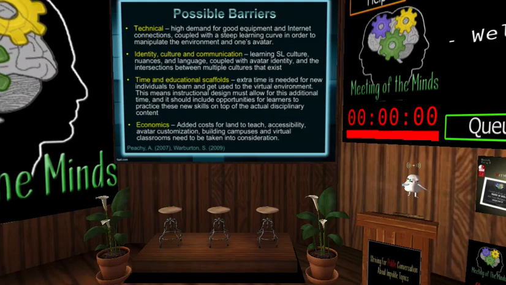But the first is the technical part. There's a really high demand for good equipment and internet connections when you start with Second Life. And it's coupled with, just like what Explorer said, a very steep learning curve in order to manipulate your environment as well as just your avatar getting around.